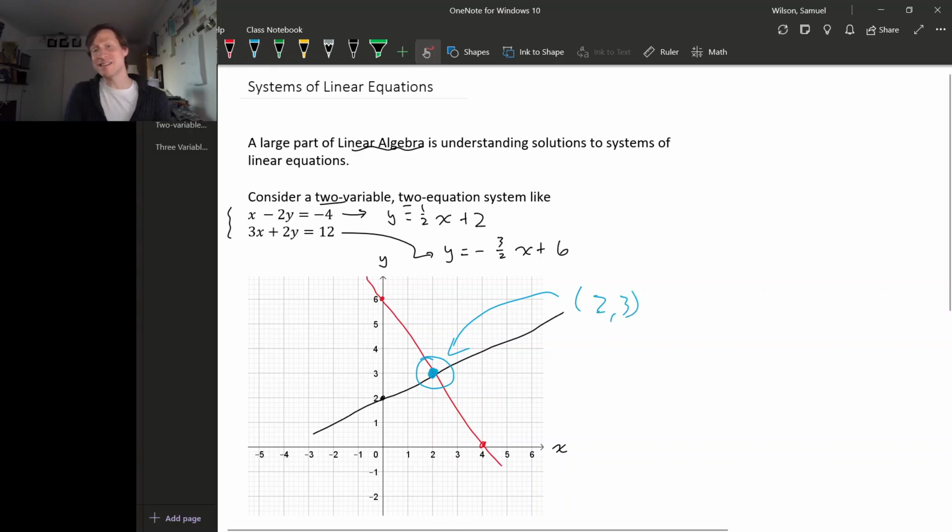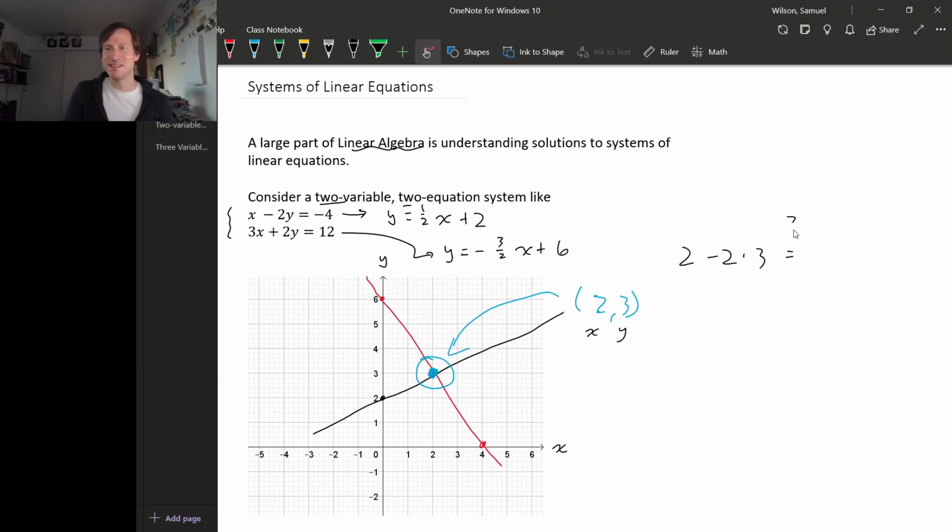And we can check that this really is a solution by putting it into the original system just to check that it actually works. This is what a solution really is. A solution to a system of equations is a value for each variable that makes each equation true. So in the first equation, replace x with 2, and -2 times y, where y is 3.